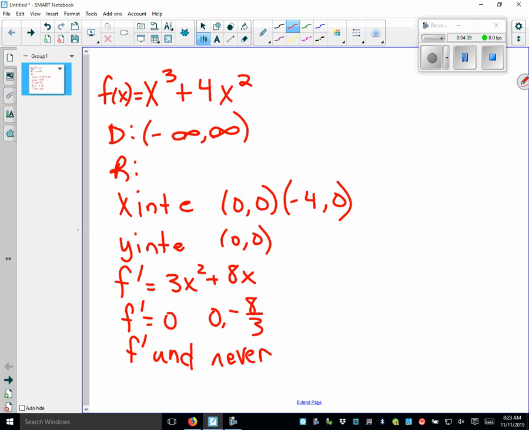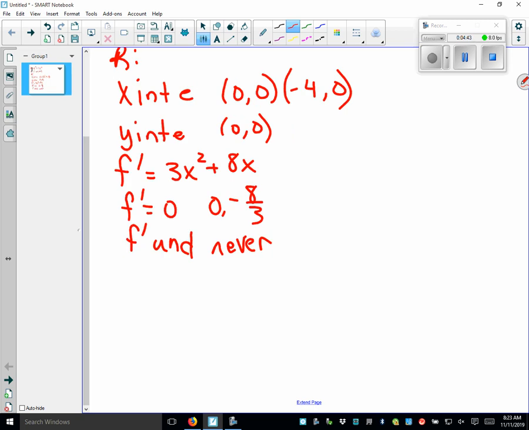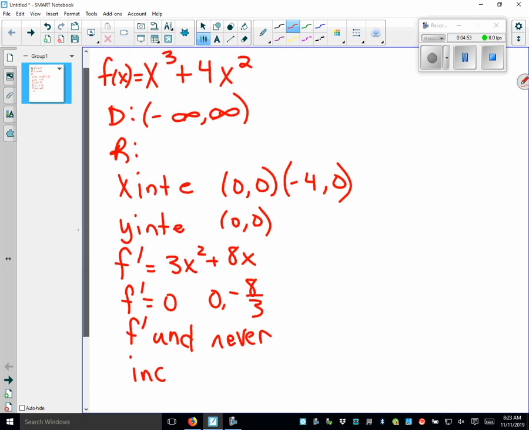Now, my question is, where is it increasing? To find where it's increasing, don't I use these two to set up intervals?